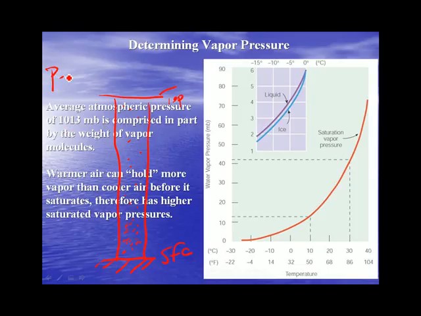Recall that pressure is equal to force per unit area. Each of these air molecules exerts a force, and we can look at this as an area here, as each of these air molecules exhibits a force per unit area.